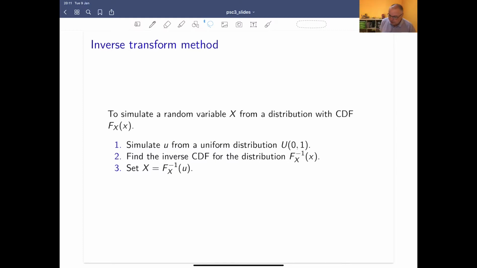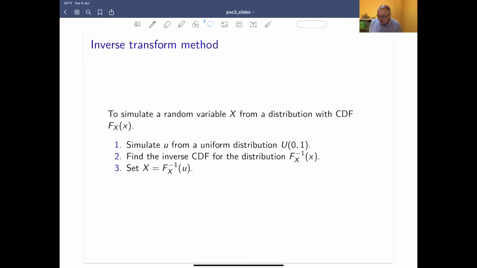So we've got a random variable X, and that comes from a distribution, and we know its CDF, which I'll denote by capital F_X of x. So how do I get a simulation of X? Well, first of all, you simulate an observation U from a uniform distribution. That's going to be a number that's randomly between 0 and 1.